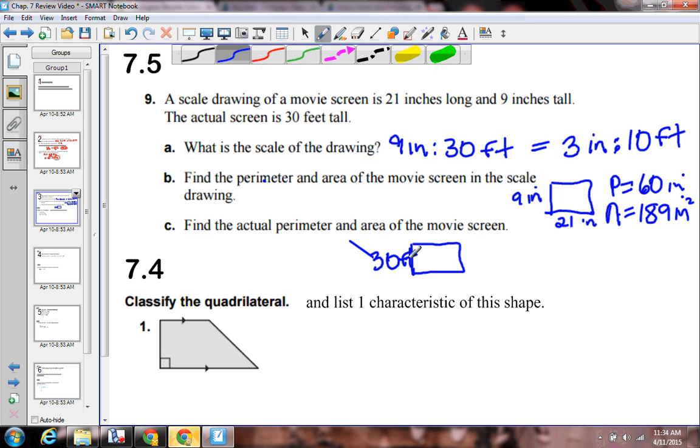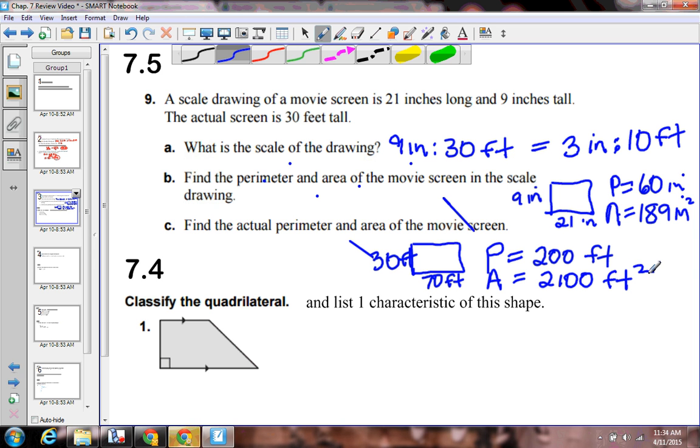So 21 divided by 3 is 7, so we have 7 groups of 10 feet, so that would be 70 feet, making our perimeter 200 feet. And our area is 2,100 feet squared. Okay, make sure you change your dimensions first before you figure out the perimeter or the area.